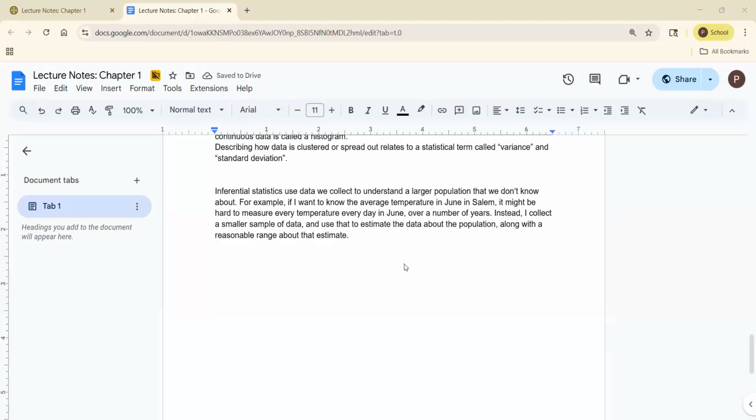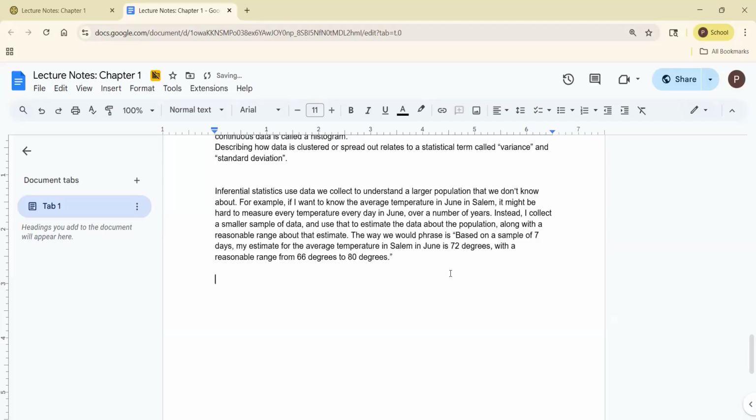The way we would phrase this is, based on a sample of 7 days, my estimate for the average temperature in Salem in June is 72 degrees with a reasonable range from 66 degrees to 80 degrees, something like that. All right, that's our next topic, inferential statistics.